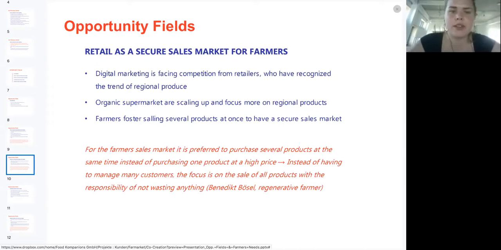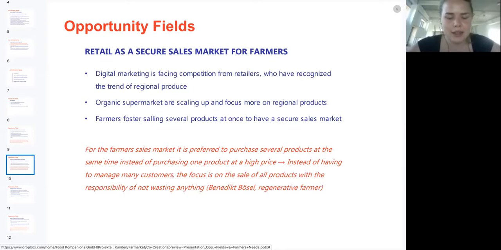In different interviews, we also saw that actually retail could be an opportunity field, because more and more what we say LEH, so the supermarkets and the retailers in Germany, are of course entering the market to also start to sell and market regional produce.